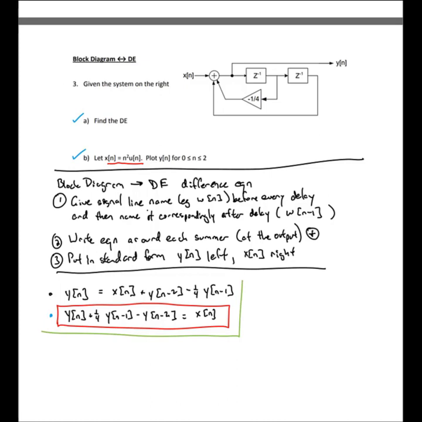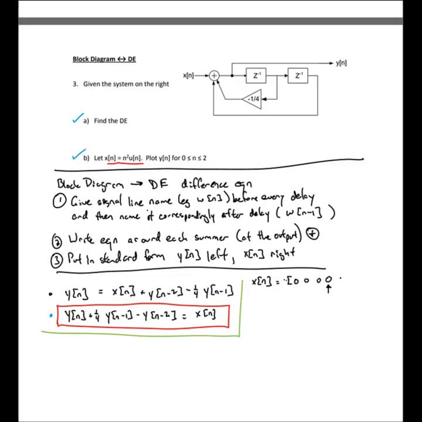So the question says that for the particular value of x of n equals n squared u of n, the first few values start off with lots of zeros, because it's multiplied by u of n. For our index 0 value, it's still going to be a 0. We plug in 0 for n squared, we get 0.